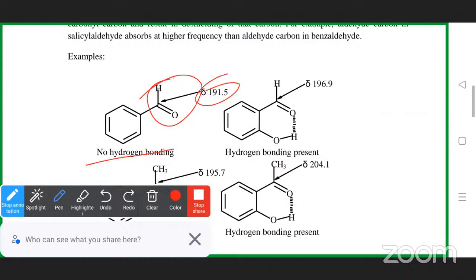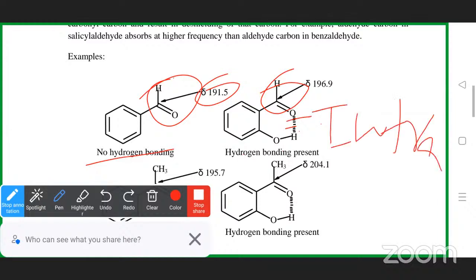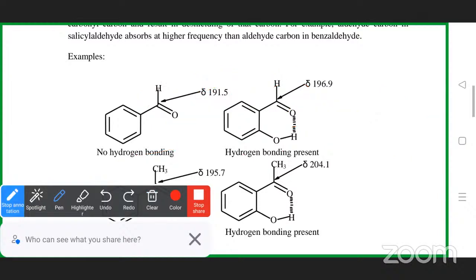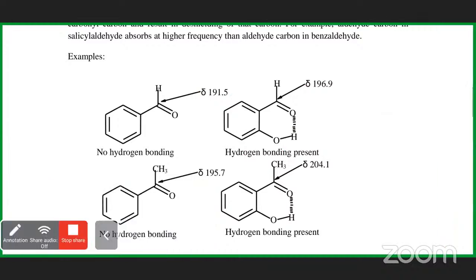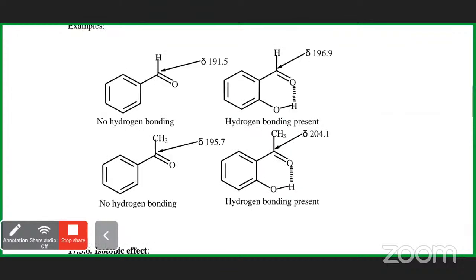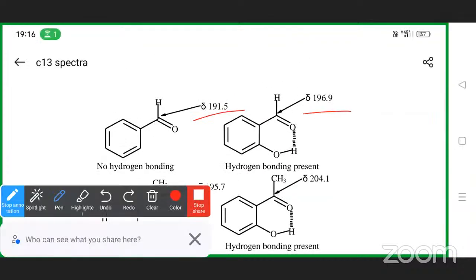And here is ortho hydroxy benzaldehyde, with intramolecular hydrogen bonding, so we have the 196 value. Here is 191, here is 196, so hydrogen bonding increases the delta value.